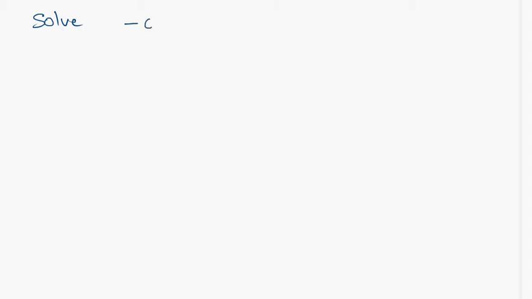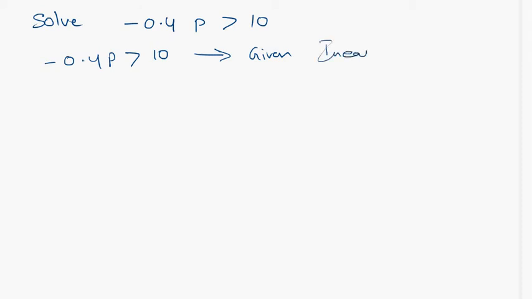Solve negative 0.4p greater than 10. p is just a variable, so we are going to solve for p. That is the given inequality.